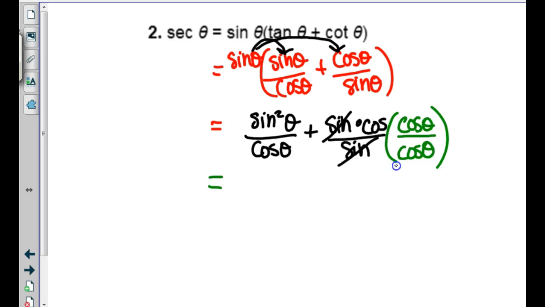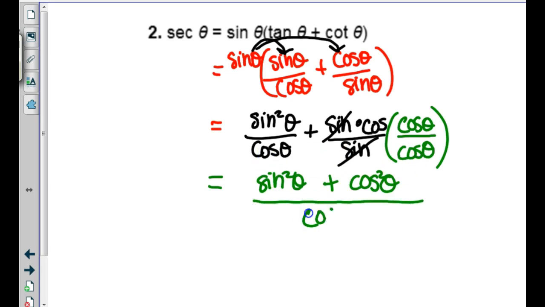Now, I forgot my thetas some places, and I wouldn't count off for that on yours either. Now I end up with a sine squared plus a cosine squared. And each one is over cosine. If you want to just show it all as 1 over cosine, I can follow that work. Okay, this is about the minimum you would need to show.